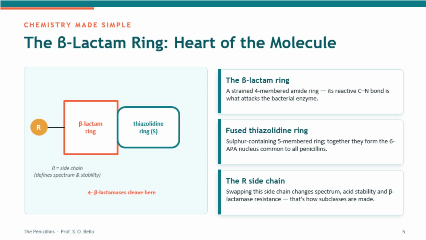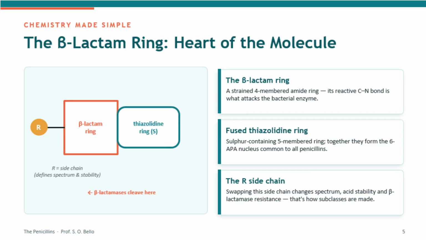Hanging off the side in gold is the R group or side chain. Here is the single most useful idea on this slide. We make all the different penicillins simply by changing that one side chain. Change R and you change the spectrum, the acid stability so it survives the stomach, and the resistance to beta-lactamase.